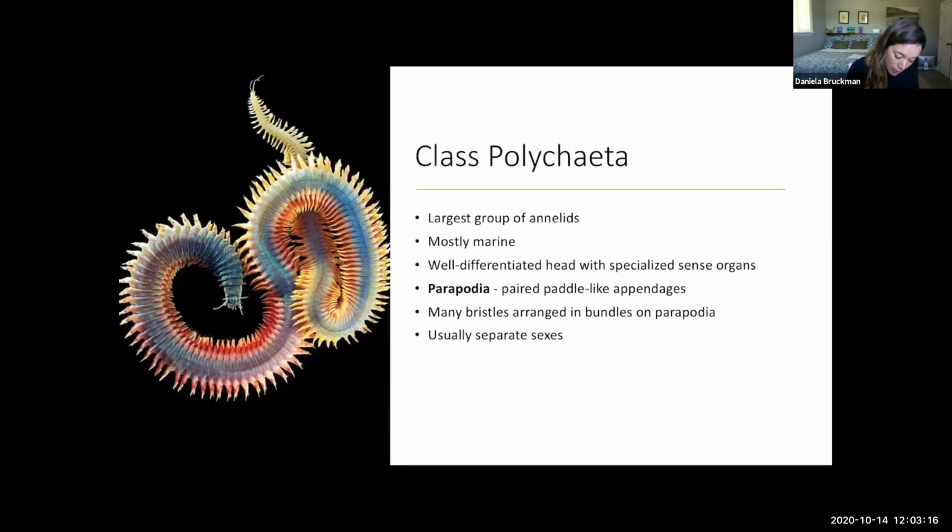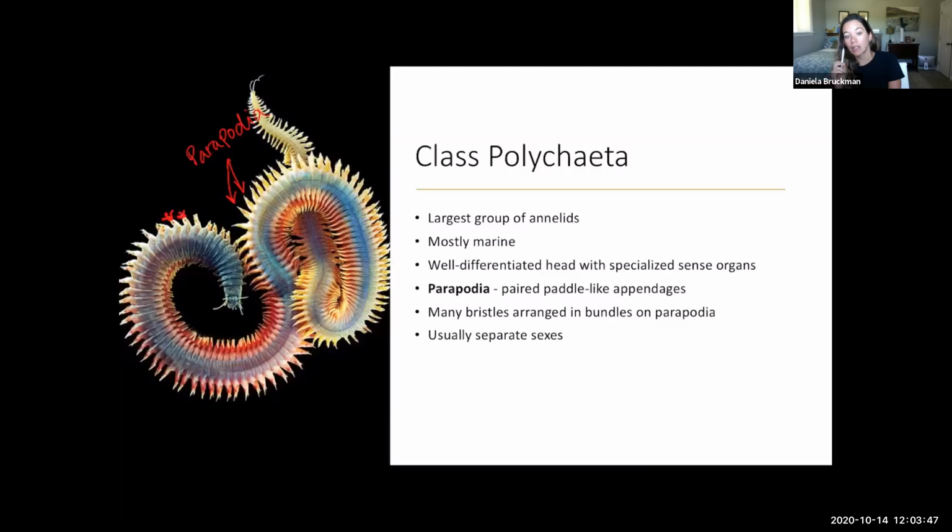These little guys right here are the parapodia. And the parapodia give rise to bristles, hence the name Polychaeta, many bristles. If you look really closely, you can see that these parapodia give rise to little bristle-like structures if you were to zoom in there. So those are the polychaete worms.